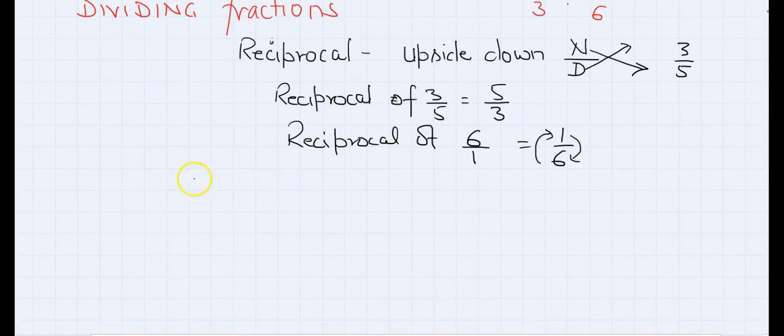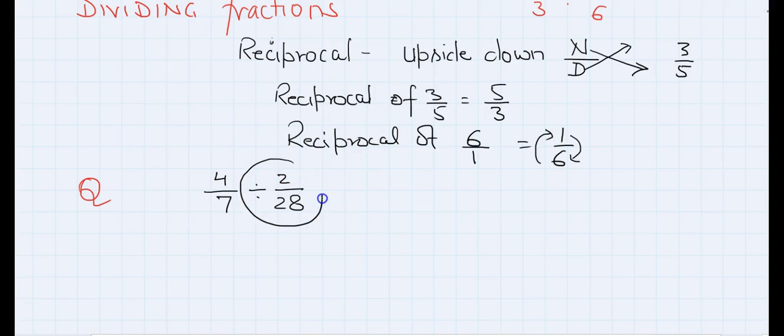So in division, for example, if I have to divide 4 over 7 by 2 over 28, what I'm going to do here is write the reciprocal of this second number and change the division into multiplication.